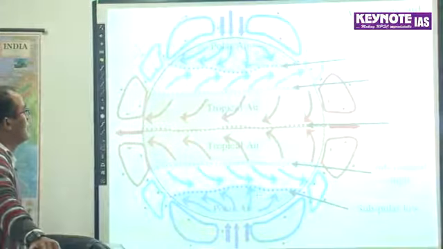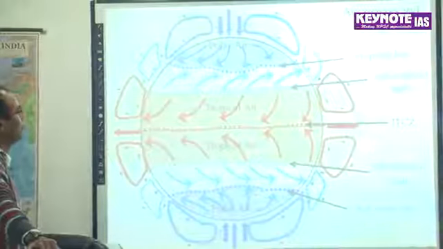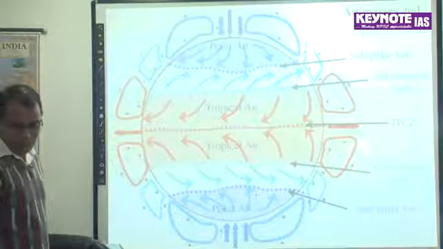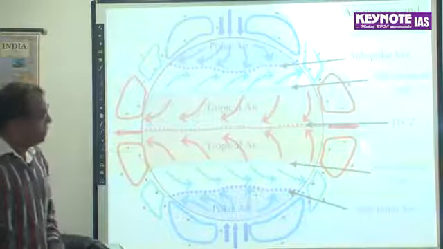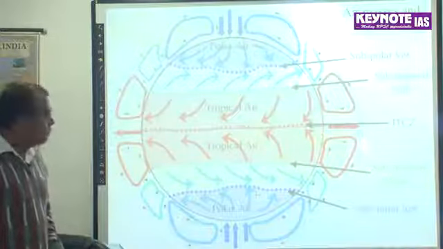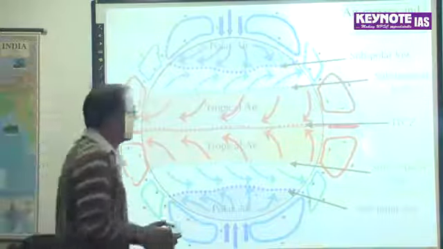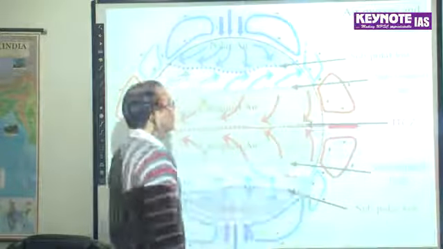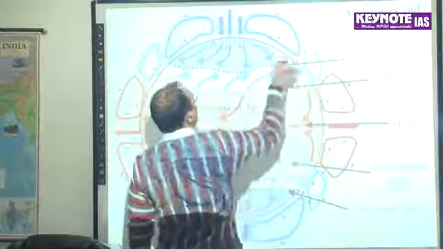That's the most idealized pattern of the atmospheric circulation you can have. The trade wind zone, the westerlies and the polar easterlies, and the three cells: Hadley cell, that's what you call tropical cell also, then Ferrel cell, then polar cell.